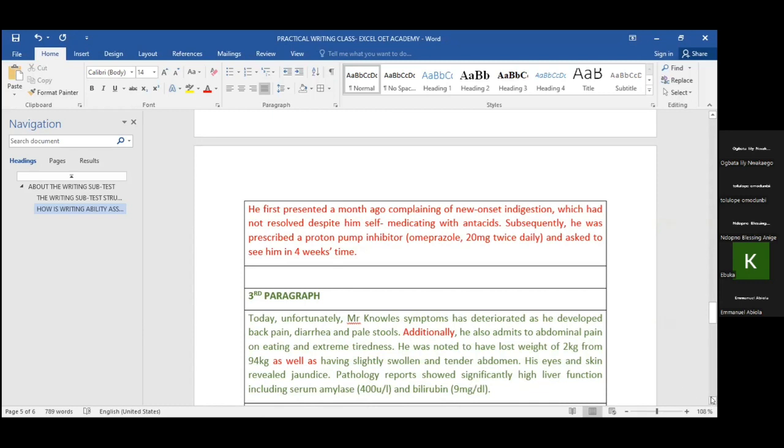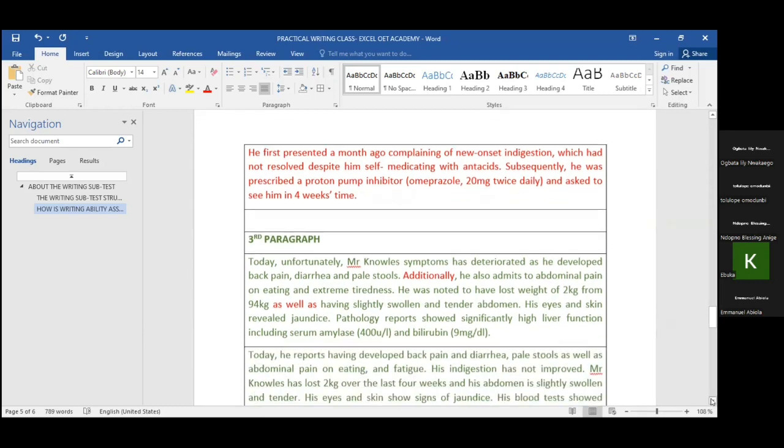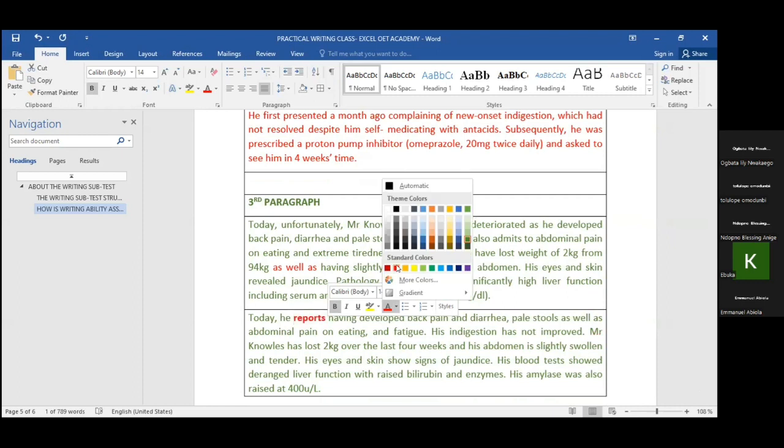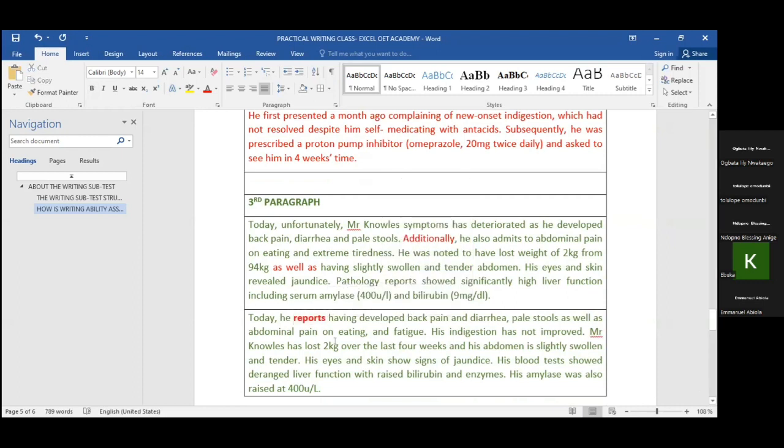Now look at another way I wrote this. Now look at this. I said today, comma, he reports. So instead of saying complained every time in your writing, he complained of, you can use reports. Okay? So it's not every time you need to be writing he complained of. You can say he reports. You can see now.